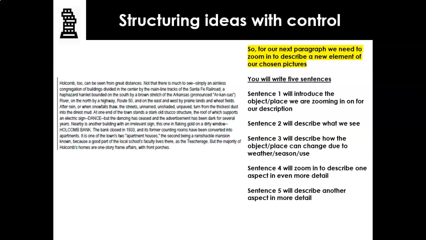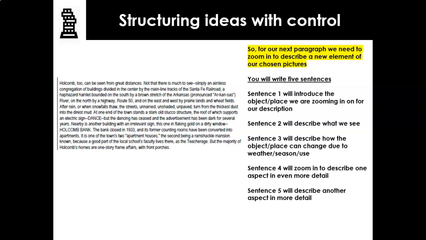But we are going to write 5 sentences. We're going to write sentence 1 to introduce the object or element of the picture that we're zooming in on for our description. Sentence 2 will describe what we see in detail. We're going to use sentence 3 to think about how something can be changed, so how weather or the season or the use of something can cause it to change.